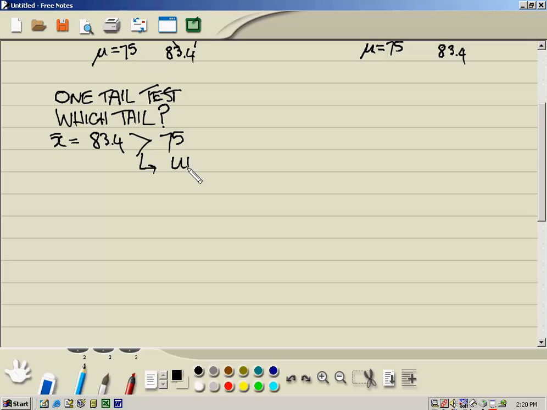First, that it's, as we've already discovered, an upper tail test. And secondly, which at first is a little bit counterintuitive, that the alternate, not the null, is that mu is greater than 75.